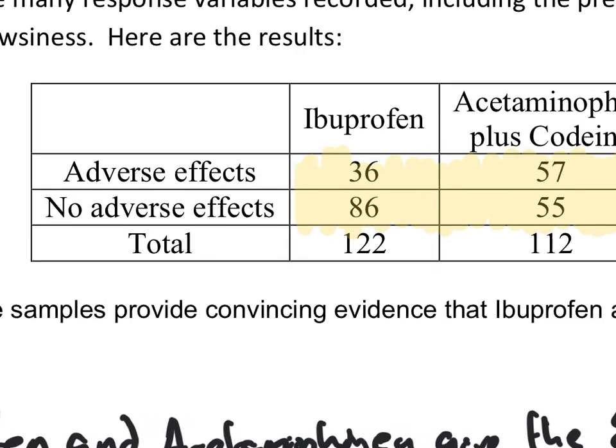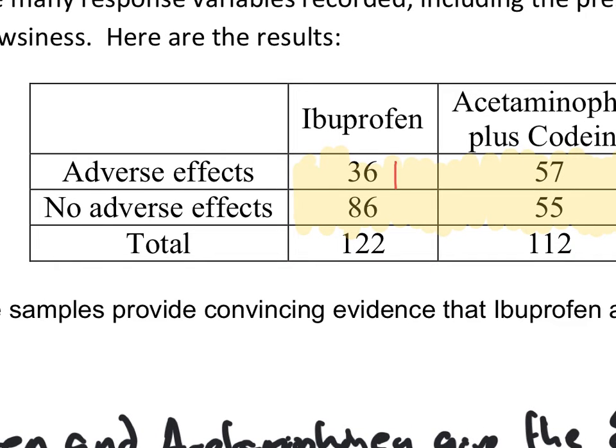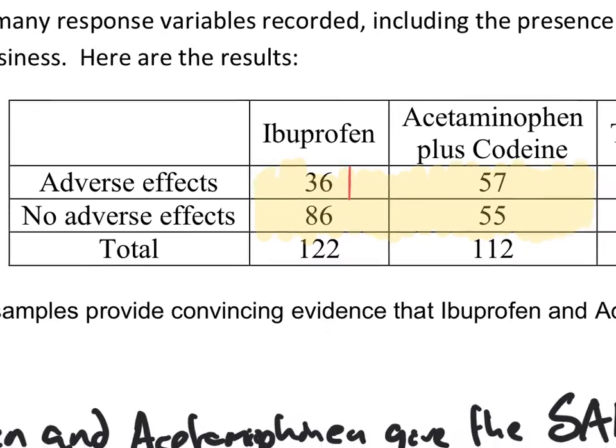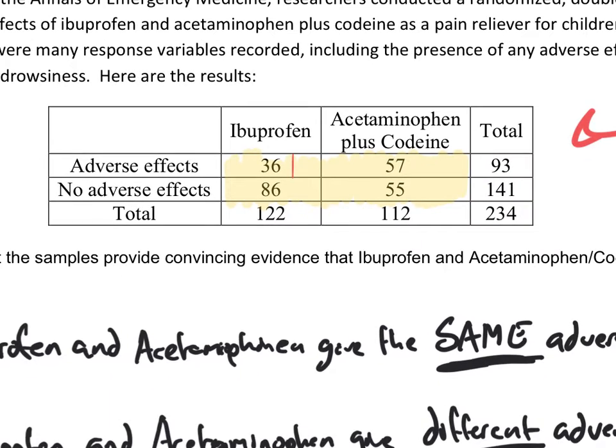So if I was looking for the expected count of just this first one, I'm going to kind of subdivide this. I'm going to take its row total. So think about row total, which is 93, times column total, which is 122, divided by grand total, which is 234.